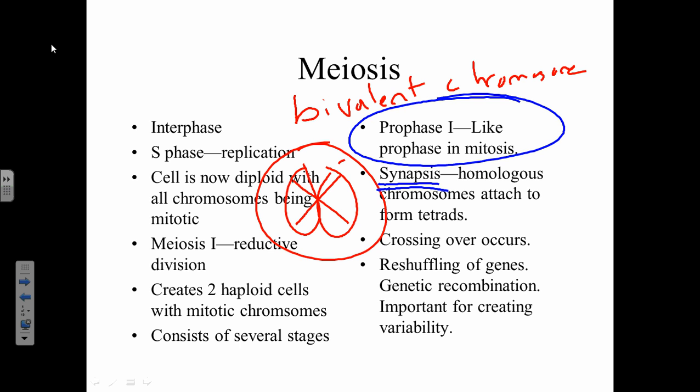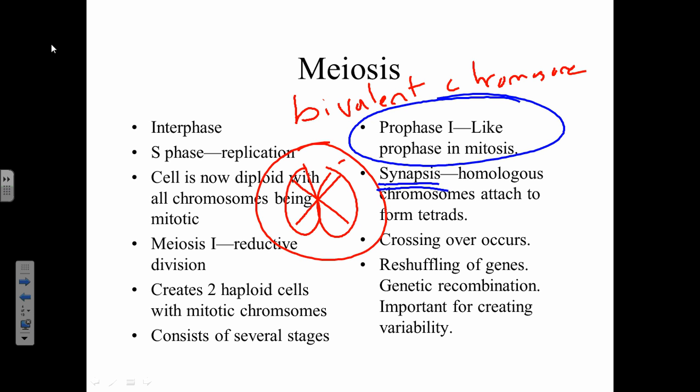Let's make sure before we go any further that you know what homologous chromosomes are. What's homo mean? Same. Now, you have two of each kind of chromosome, right? But when we say each kind of chromosome, are the two chromosomes in a pair actually the same? No. What's the same about them? They're kind of the same shape, same basic size. They have the same types of genes on them.